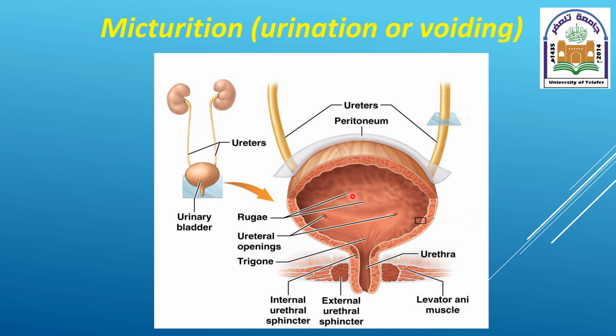Initial contraction starts in the wall of the bladder, potentiated by the parasympathetic motor supply by the pelvic nerve, leading to relaxation of the internal sphincter, and if the subject has the chance to pass urine, the external sphincter will be relaxed voluntarily and the subject will pass the urine.